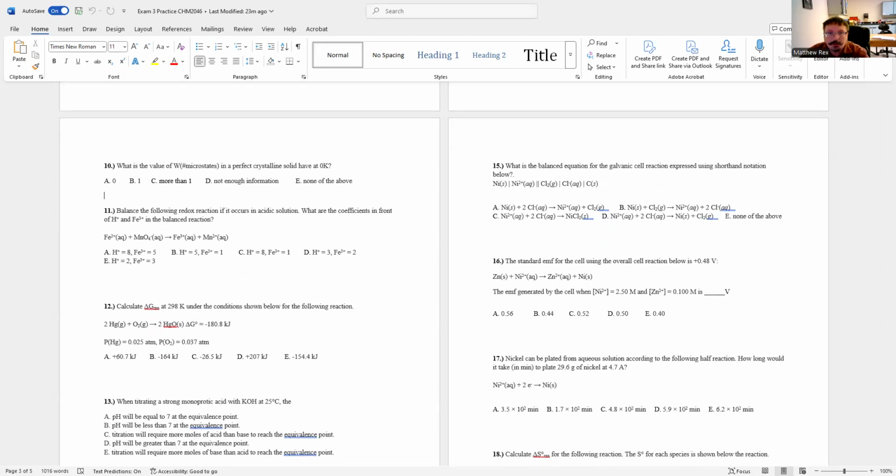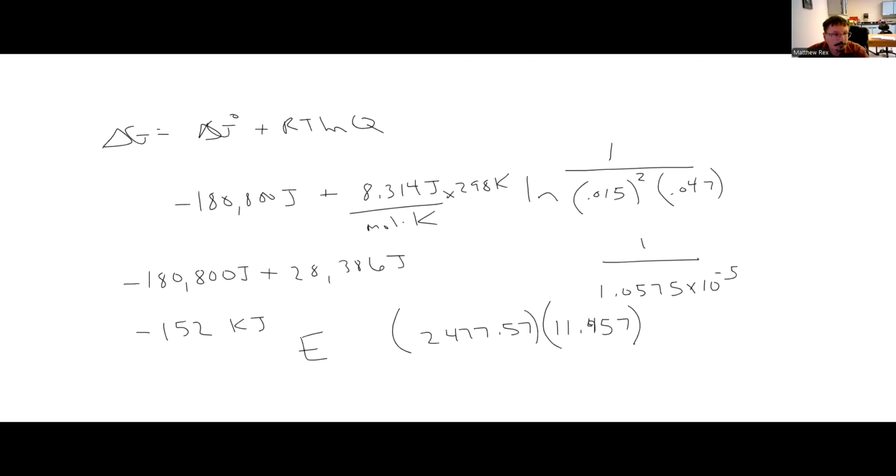Balance the following redox reaction. So we have Fe2 plus, MnO4 minus goes to make Fe3 plus and manganese 2 plus.